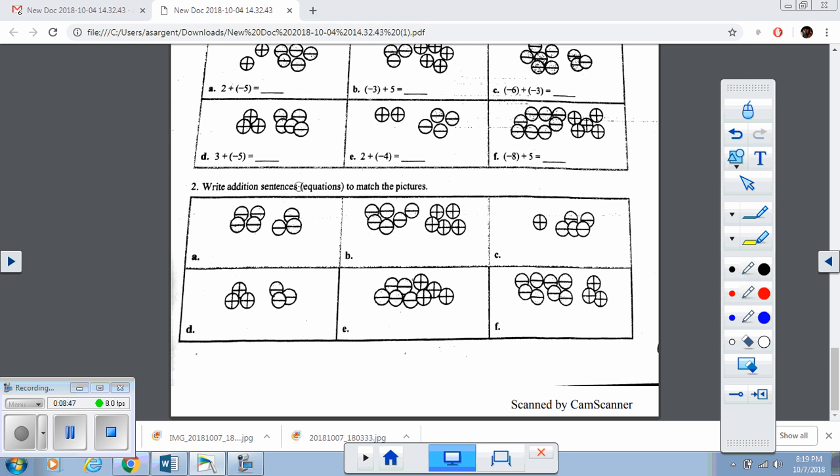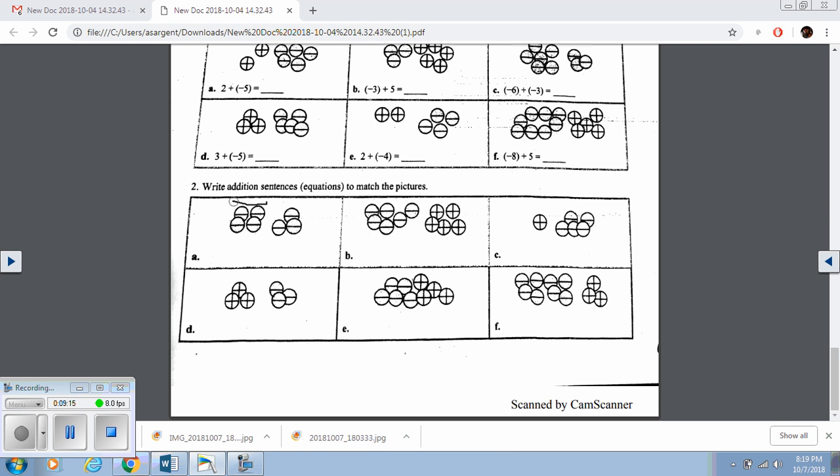In section 2, they're giving you the counter chips, and it wants you to write an addition sentence equation to match the pictures. And I also want you to show me the answer in this situation as well. So this is the same thing, just backwards of what we were doing. So we have these counter chips. These are all negative here in this situation because they all have the minus sign.